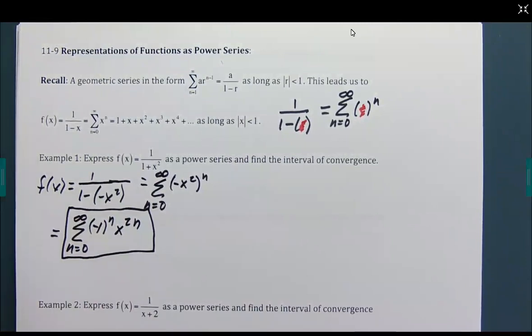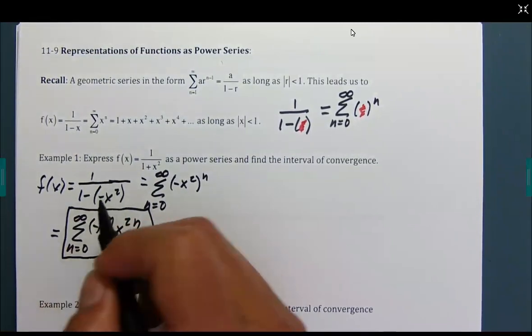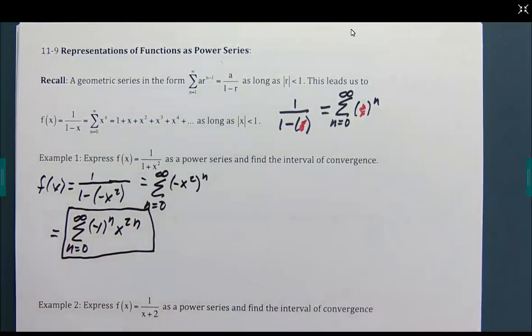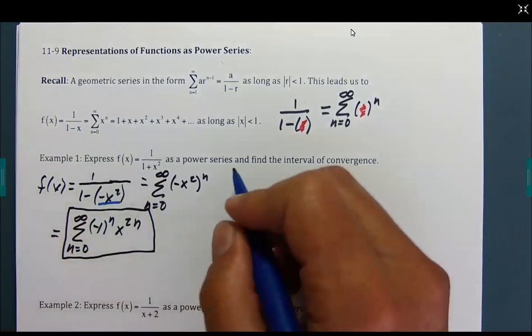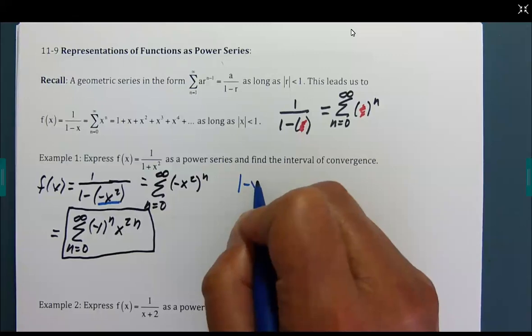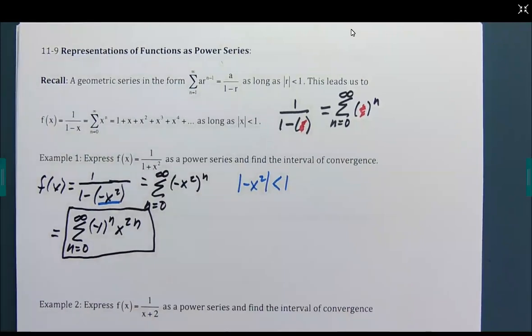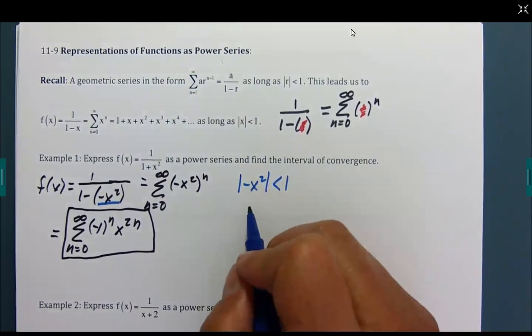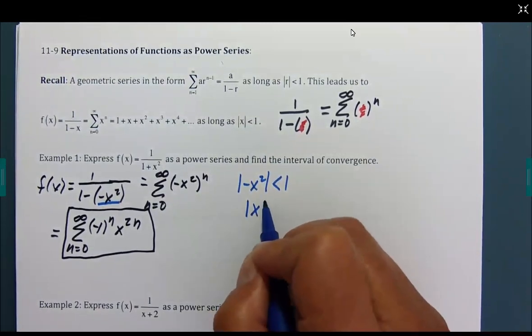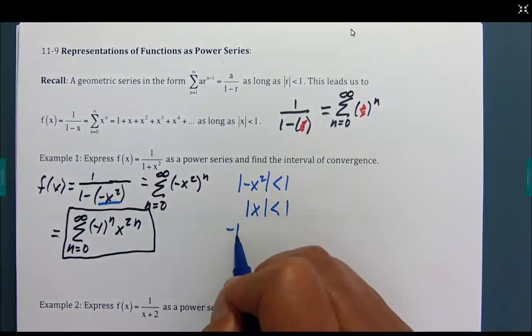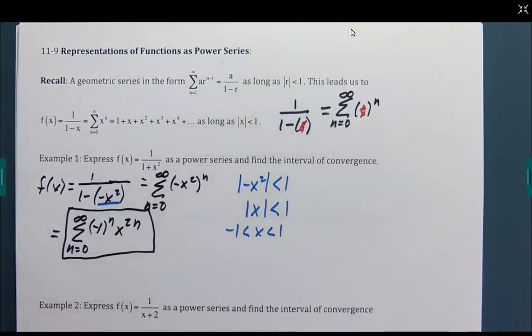Let's talk about the radius of convergence. This here is my r, so let me underline that. We need the absolute value of -x squared to be less than 1 in order for us to converge. Well, the absolute value makes it positive, and when I take the square root of both sides, I end up with the absolute value of x is still less than 1. Unlike the other power series, we do not need to check the endpoints.